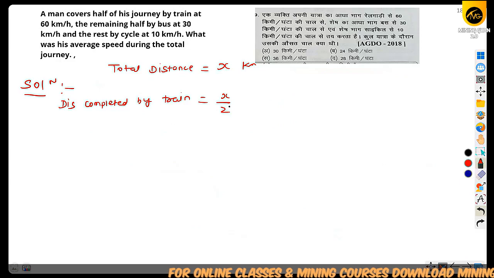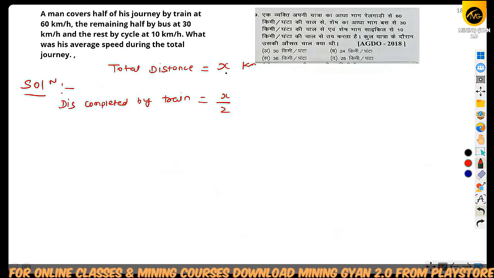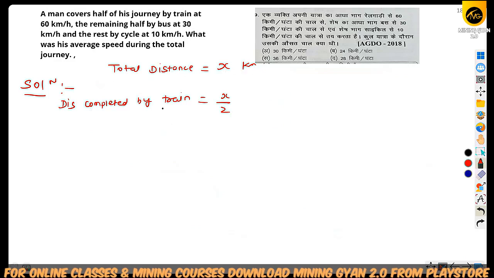So half of the journey means half of the total distance. Assume the total distance is x kilometers, then half of the journey will be x divided by 2, which is covered by the train.